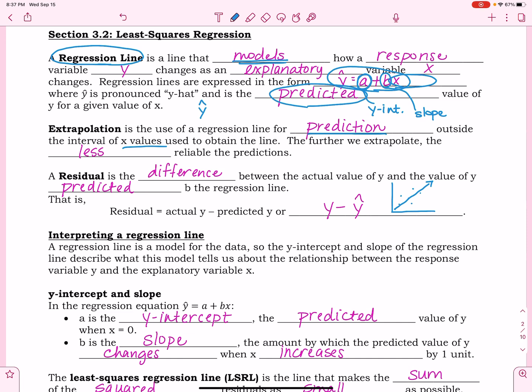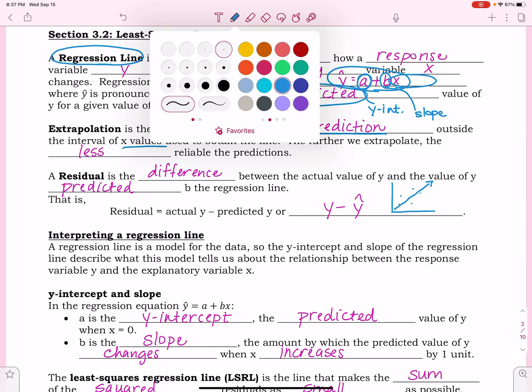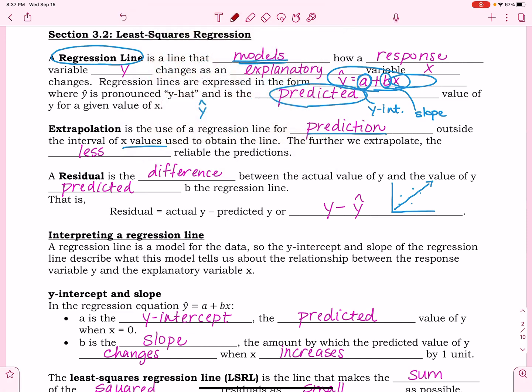Well, obviously that line is not going to go through every single ordered pair in your scatter plot, and you can see the distances. So the distances are your residual. That little red line there, that is a residual. Residuals are vertical distances because they're the distance between the y values.